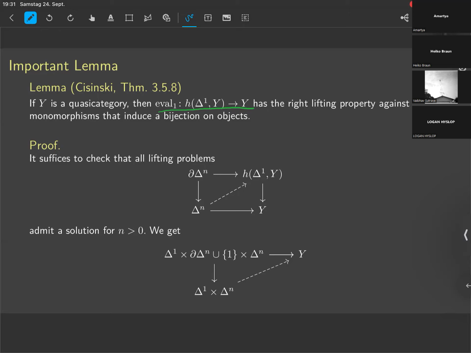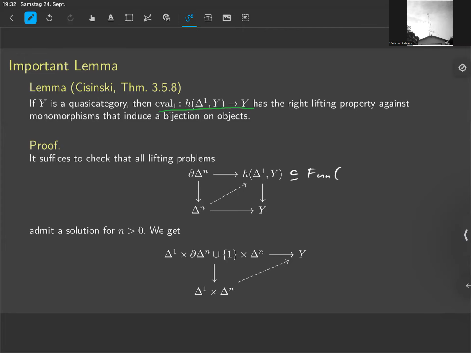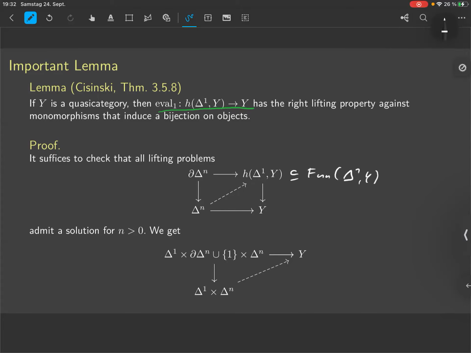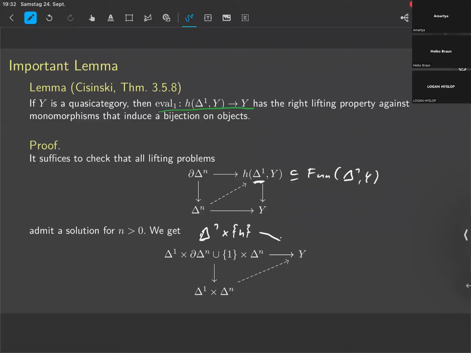But again, if we consider this as contained in the functor category from delta 1 to y, this again gives such a diagram here. But we have additional constraints, namely the part coming from delta 1 will be isomorphisms. In particular, delta 1 cross the last edge n is an isomorphism. So this will hit an isomorphism in y when we restrict it to there.